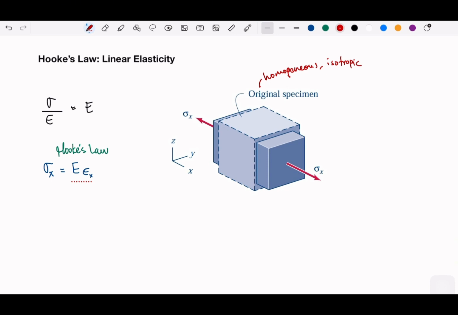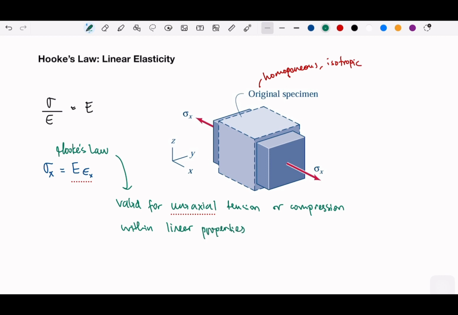Okay, so this will be valid. I mean, right here, Hooke's law is valid for uniaxial tension, which is in the picture here, or compression. Compression also works the same as tension within linear properties.